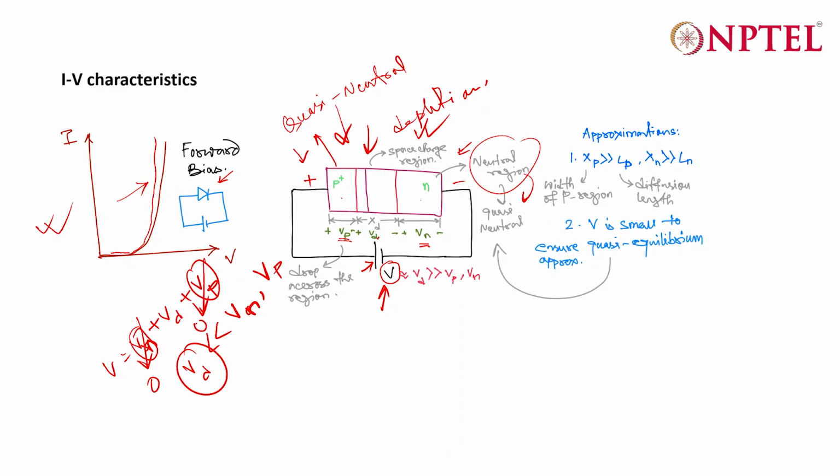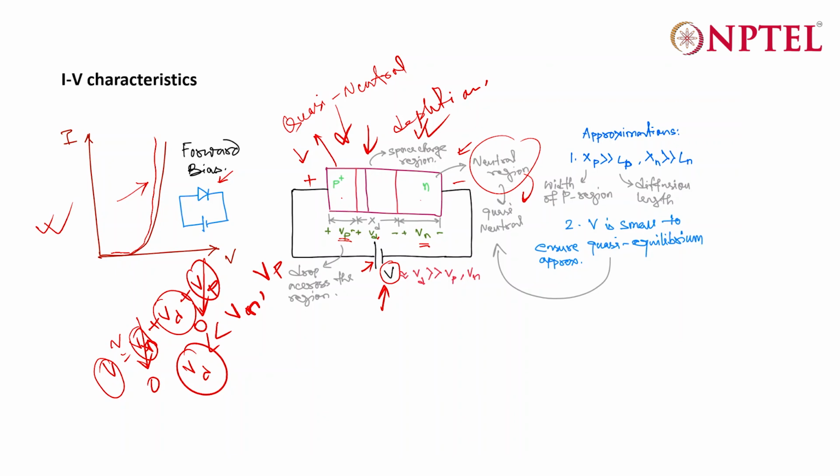These two you can consider as 0. So your V is approximately equal to Vd. That is one more approximation or assumption that we take. So whatever you are applying as an external voltage will appear across the space charge region. So your Vd is approximately equal to the voltage applied, that is V in this case, right?